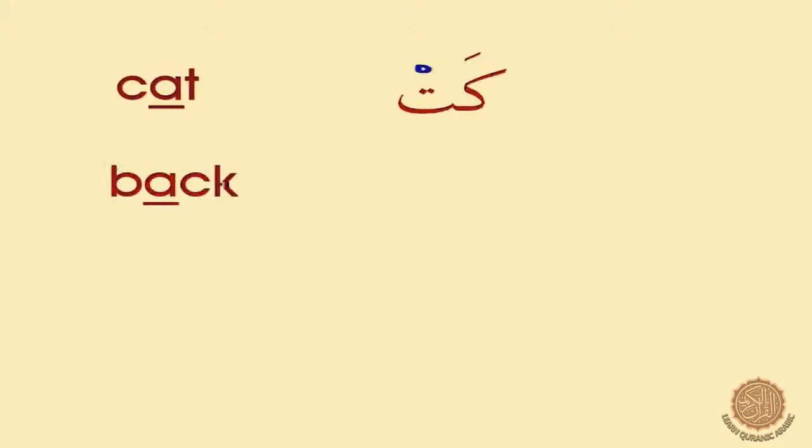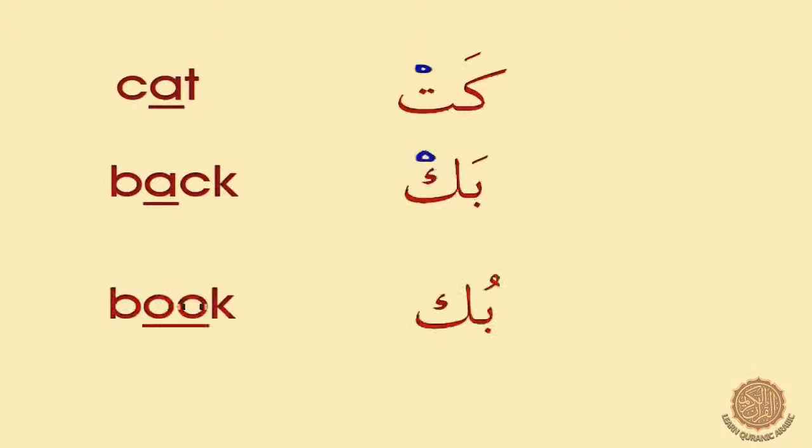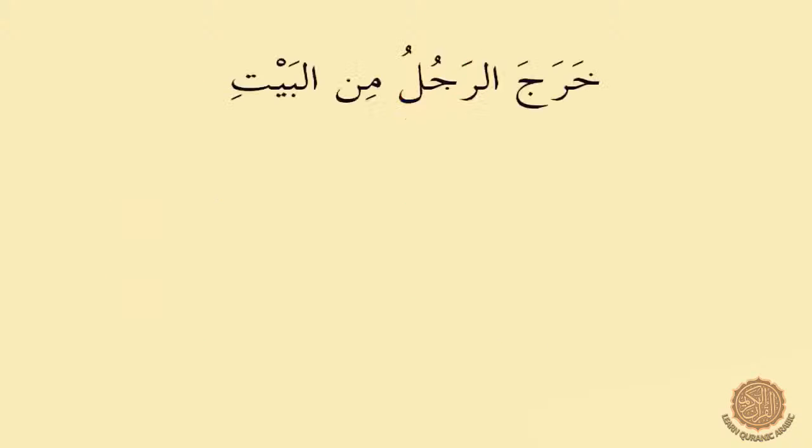Similarly, the word back. There's a sukoon there as well. And we have the word book. Same thing, there's a sukoon there. Now I also want to mention, here the sentence reads خرج الرجل من البيت, and you stop there.